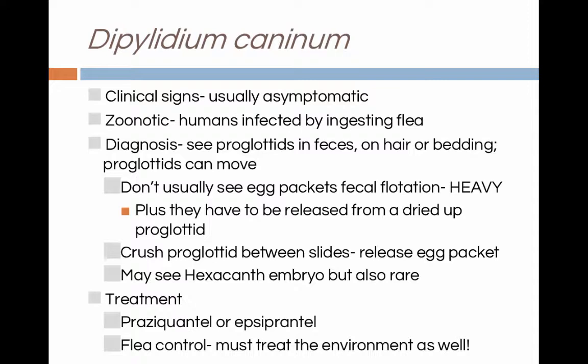We would be intentionally examining that top layer of sediment at the bottom of the tube after we've centrifuged it. And again, the only way we're going to see these eggs is if that proglottid dried and opened up, and then those hexacanth embryo baskets or packets were released. So, as you can imagine, this is a hard one to diagnose under a microscope.